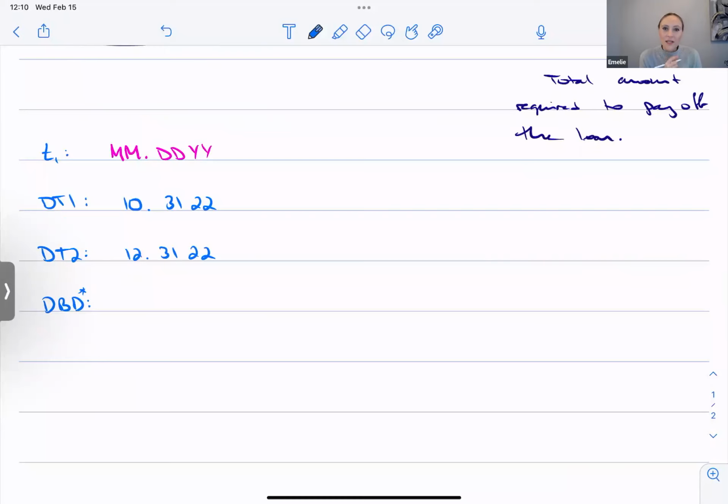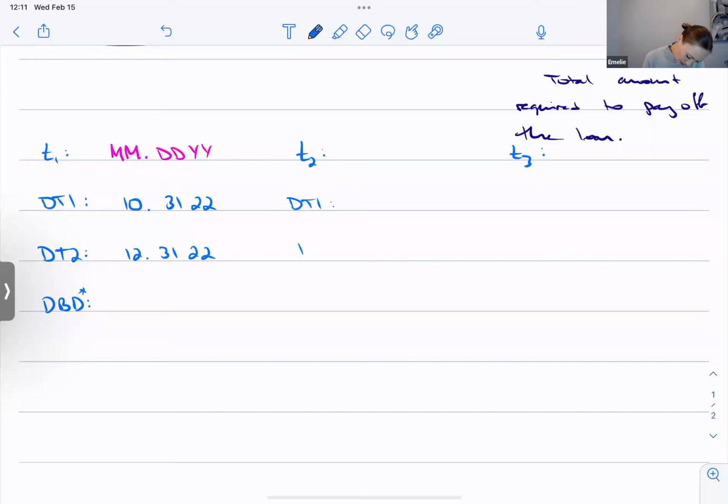What I'm going to do is set up all these calculations, because that way I don't need to be going back and forth to the calculator. However you want to do it is totally fine by me. But I'm going to find time 2 and also time 3 side by side here.